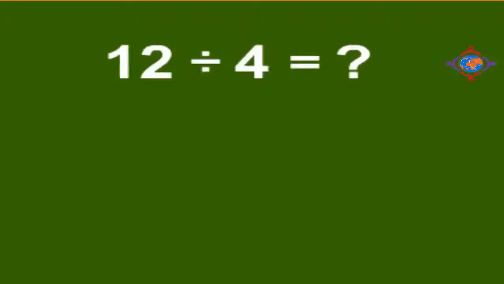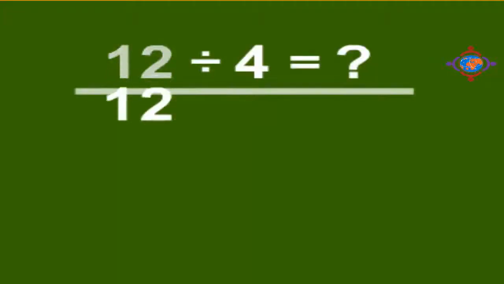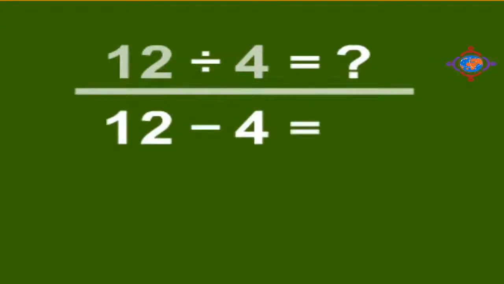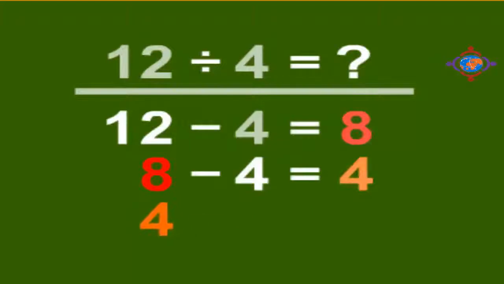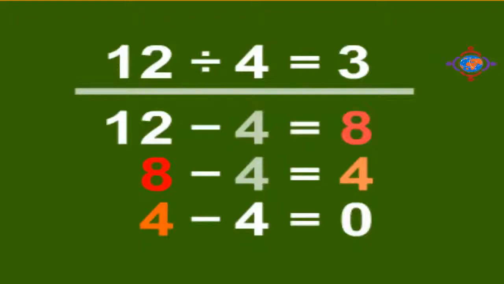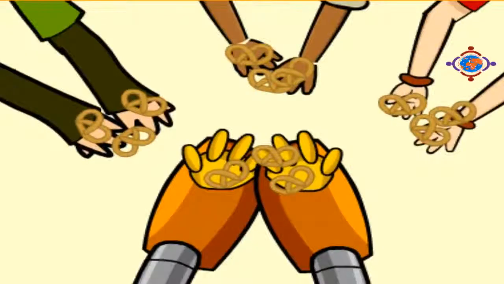Subtract 4 over and over again until you get to 0. 12 minus 4 is equal to 8. 8 minus 4 is equal to 4, and 4 minus 4 is equal to 0. We subtracted 3 times, so 12 divided by 4 is equal to 3. Each person gets 3 pretzels.